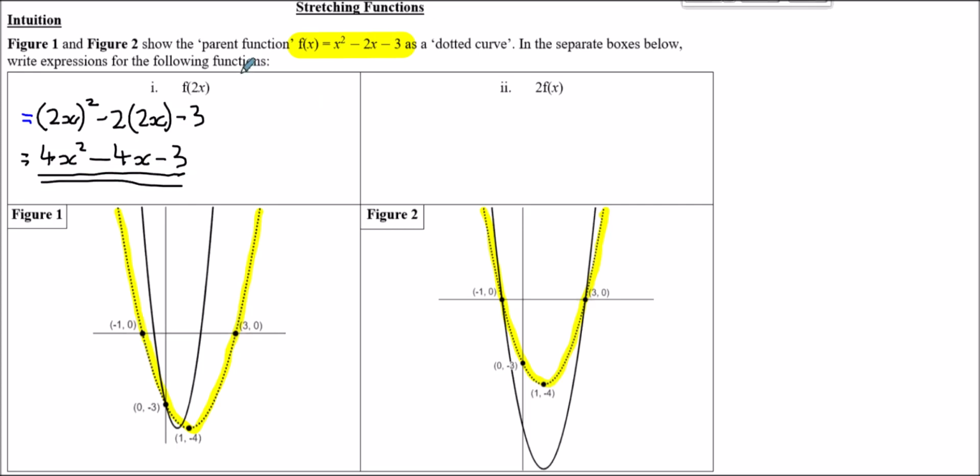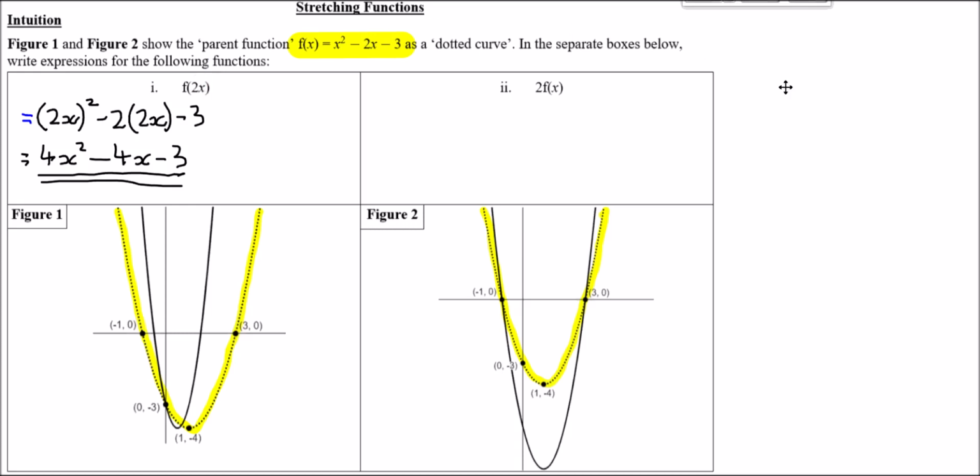It is. So what we plotted in question 1, which we talked about, was actually a stretch, scale factor 1/2, parallel to the x-axis. That's one and the same thing as f of 2x. So to go from f of x to f of 2x, rather than the x-coordinates doubling, the x-coordinates are halved.